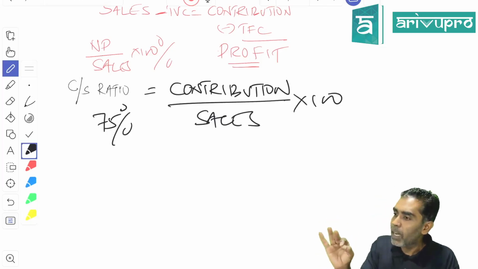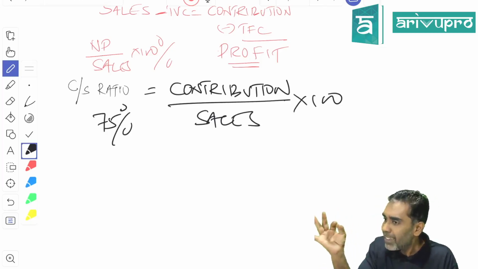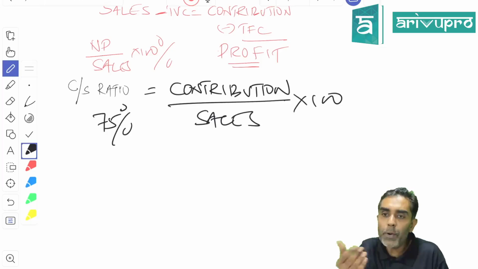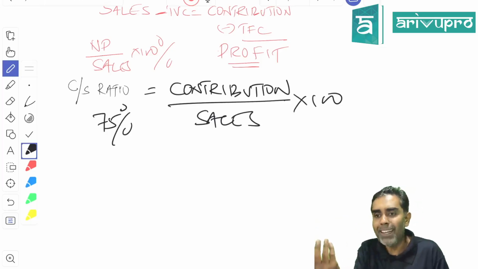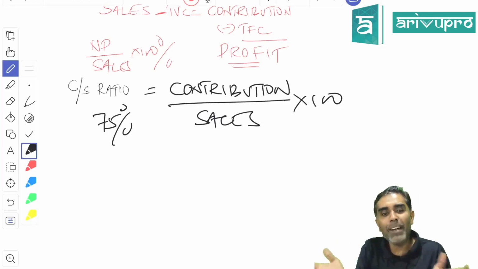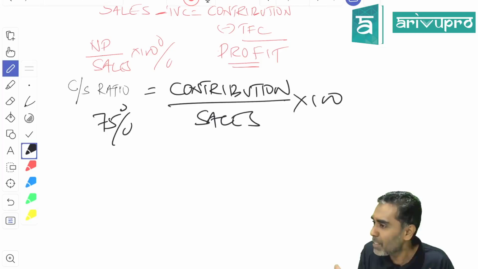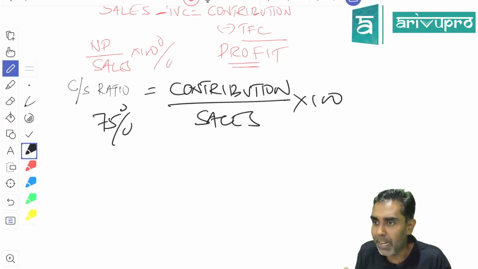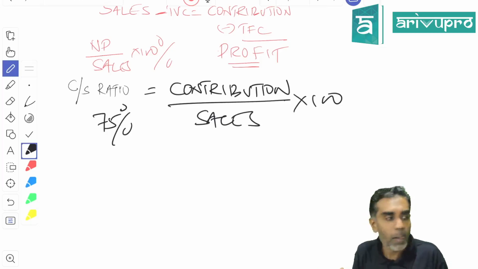For 1 unit, contribution per unit divided by selling price. For the total company, total contribution divided by total sales. The ultimate answer would be the same. Either way, the CS ratio can be ascertained.